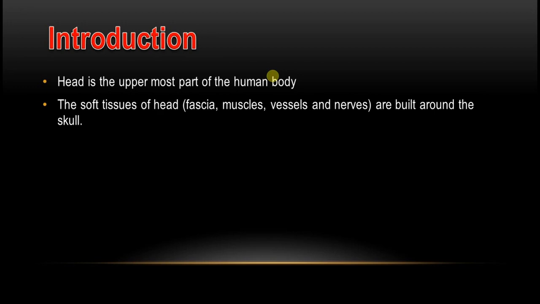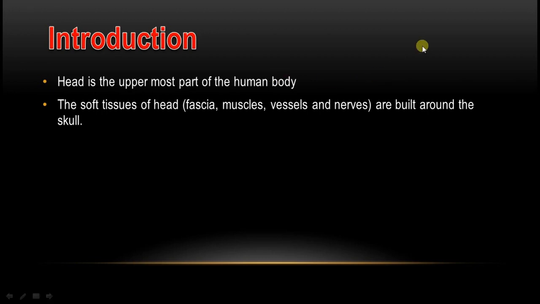So these are all present around the skull, and inside the skull we have the brain, which is the highest seat of control. So our whole body is actually controlled by the brain, the nervous tissue which is present inside.